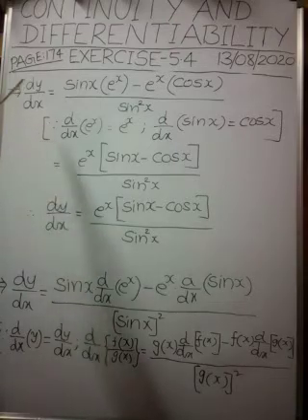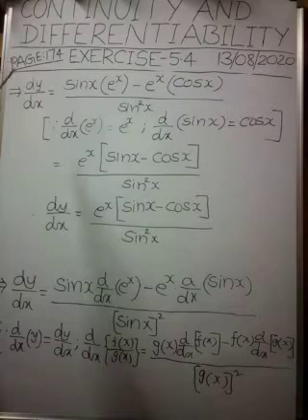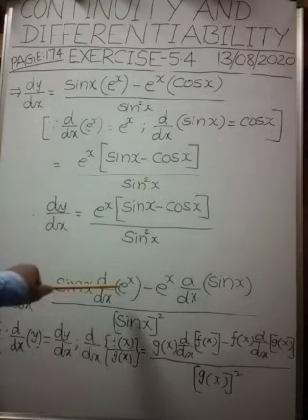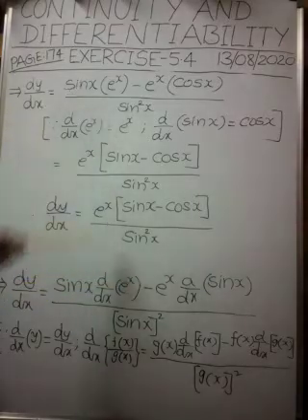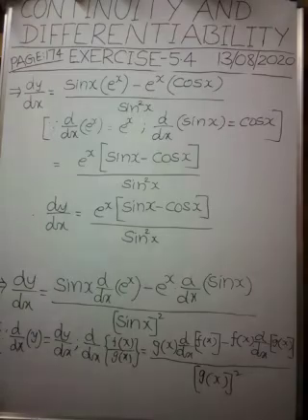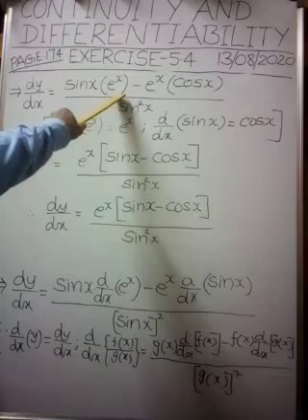Now come to the LHS. dy by dx, we are writing LHS as it is, equal to, come to this numerator first term, sin x into d by dx of e power x. What is the value of d by dx of e power x? e power x only. Understood this first term, my children?